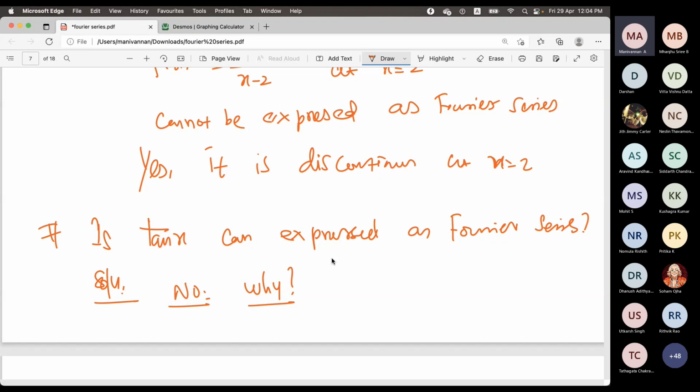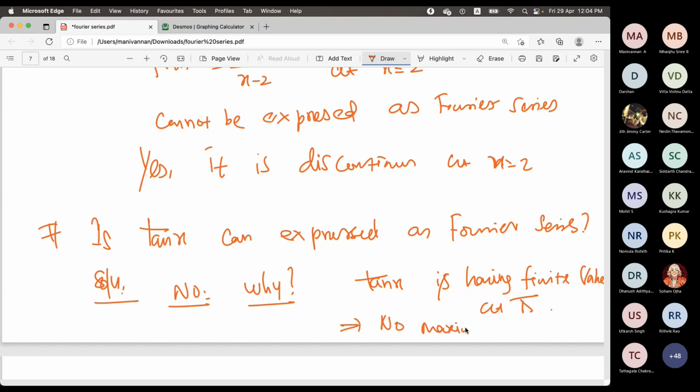Since tan x tends to infinity at x equals 90 degrees, tan x does not have a finite value at pi by 2. It reaches infinity, so there is no maxima and minima. Am I right?